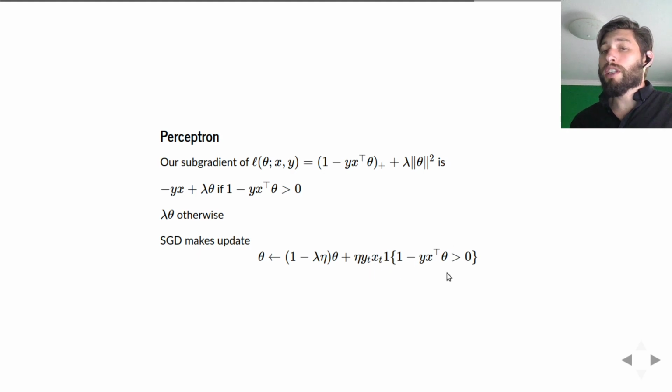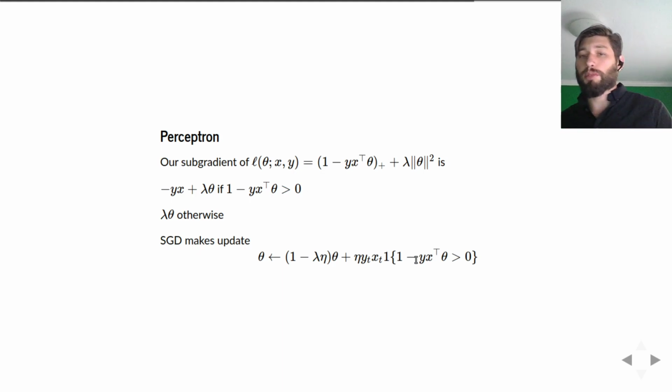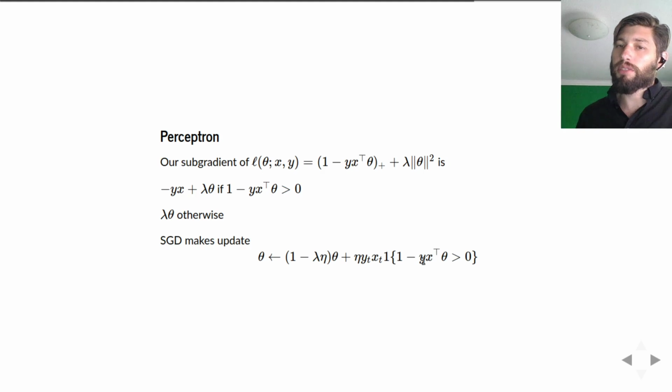So if we were on the wrong side of the margin, then we were either incorrect, or we were correct in our prediction but it's still not as correct as we would want. It's not so correct that it would get us on the correct side of the margin. So let's just think of this as incorrect. If we were incorrect, then we're going to add to theta eta times y_t times x_t.